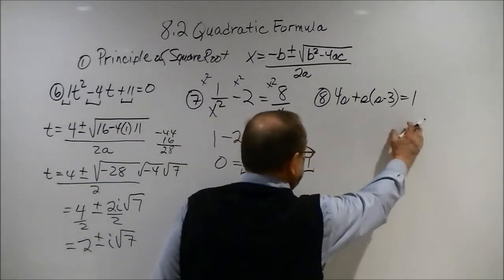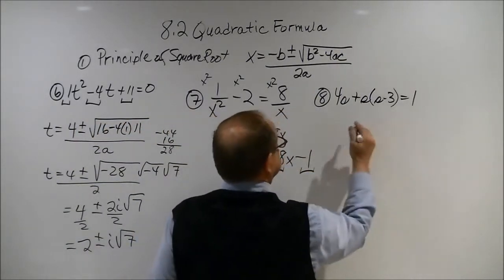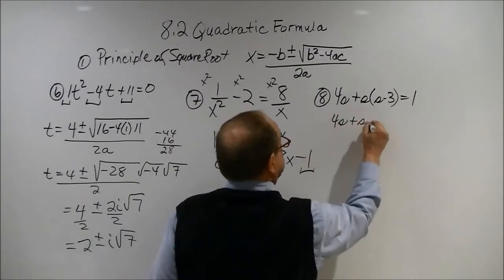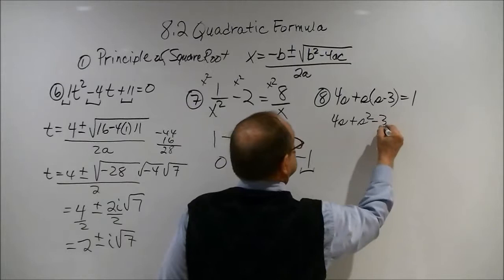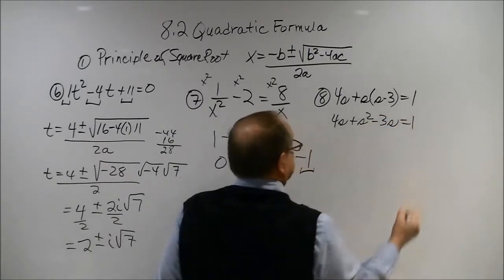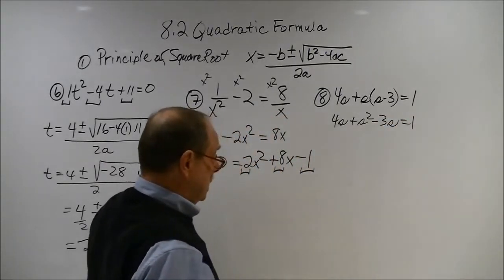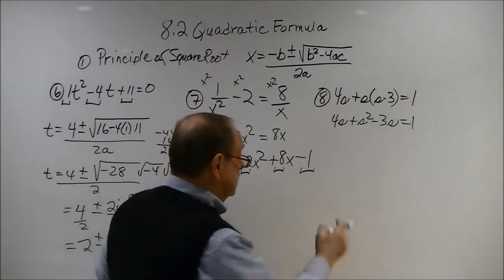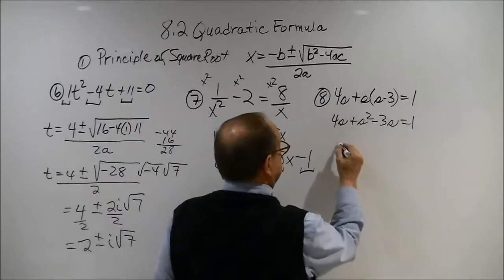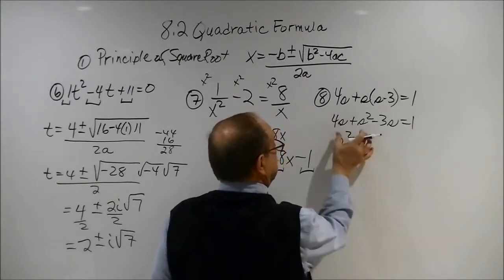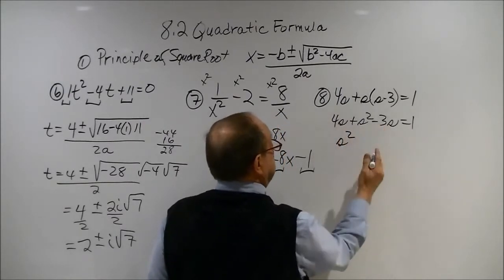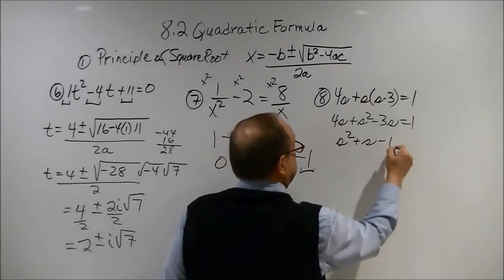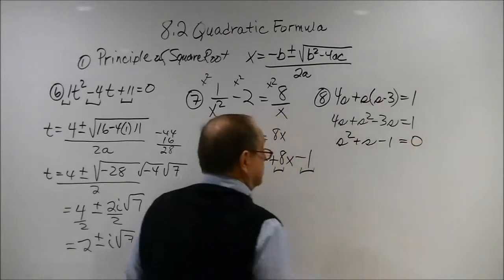For number 8, again, we have to clear parentheses. This is going to be 4s plus s squared minus 3s equals 1. Again, we have to identify our A, B, and C, so we have to put it in standard form. S squared, when we subtract this, we end up with a positive s, and a negative 1 equals 0.